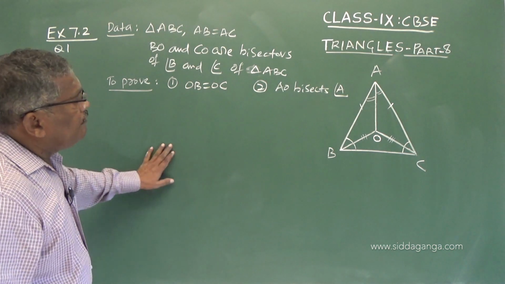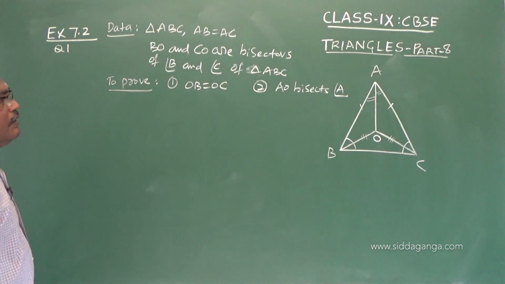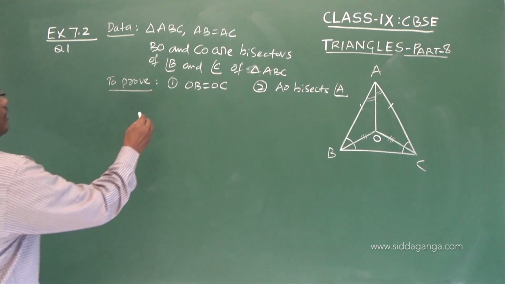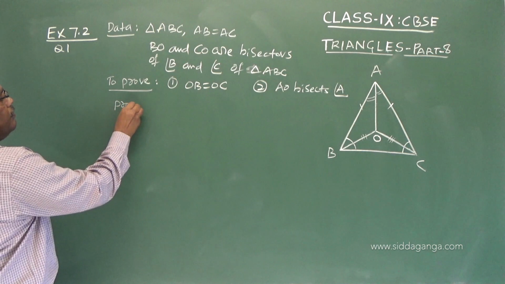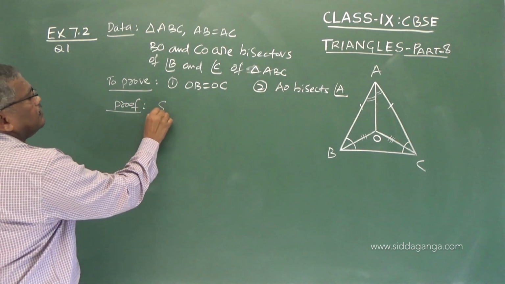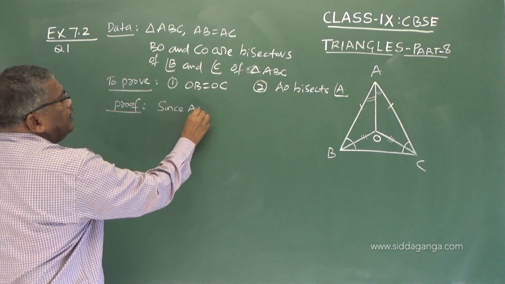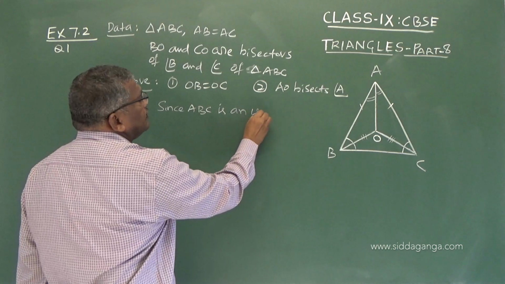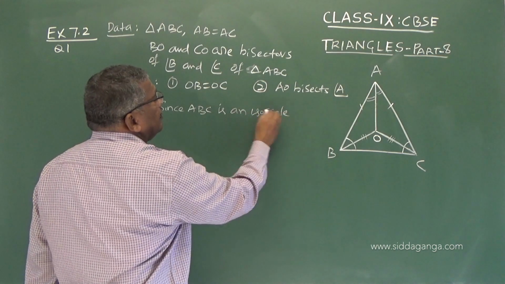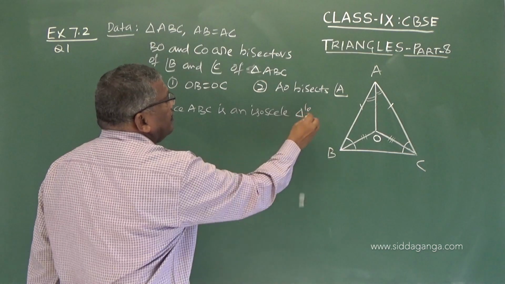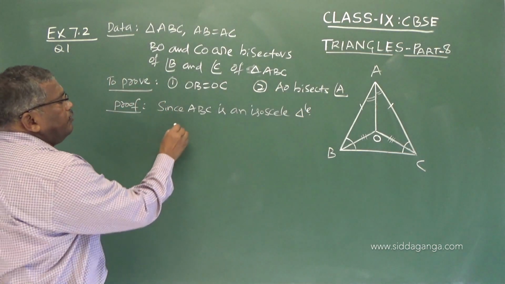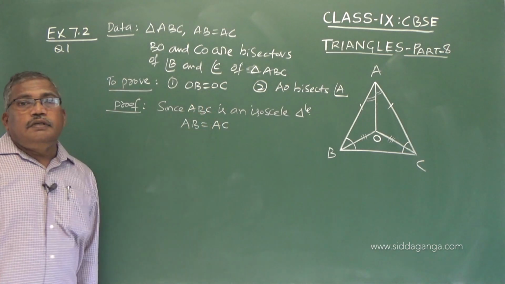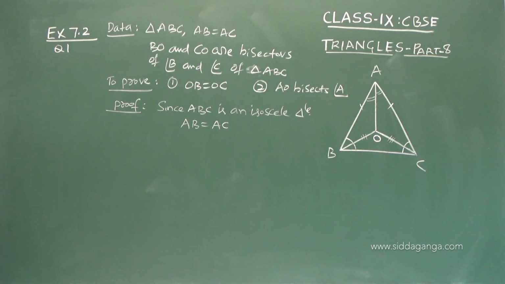Now let us take up the first one. Proof. Since ABC is an isosceles triangle, AB equals AC.